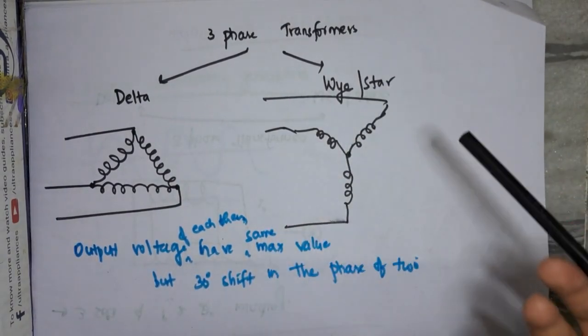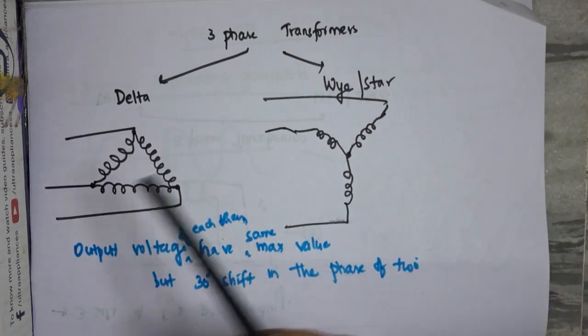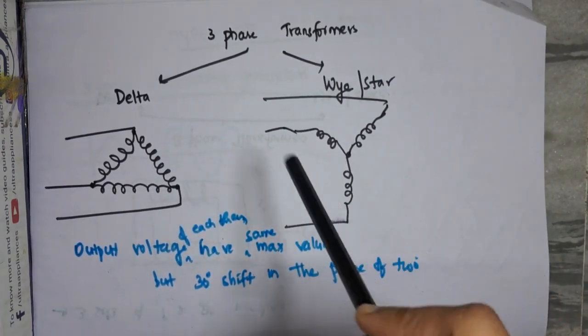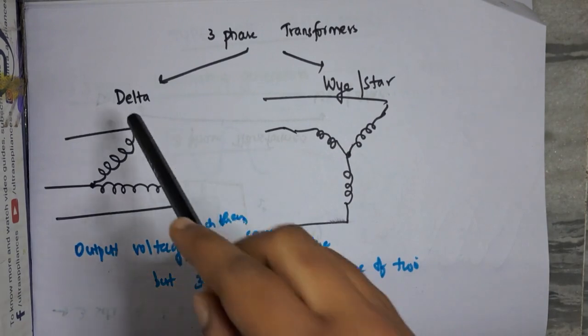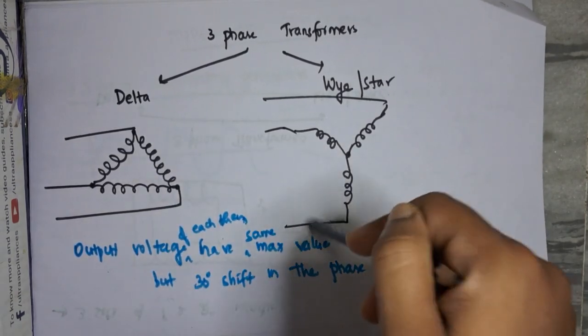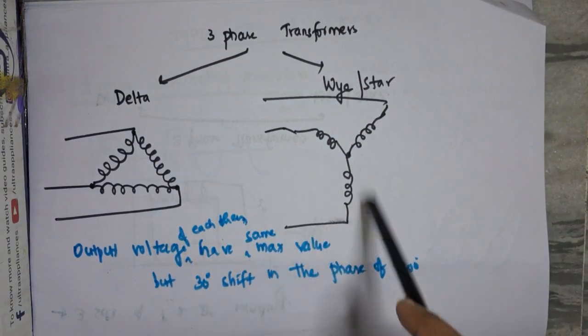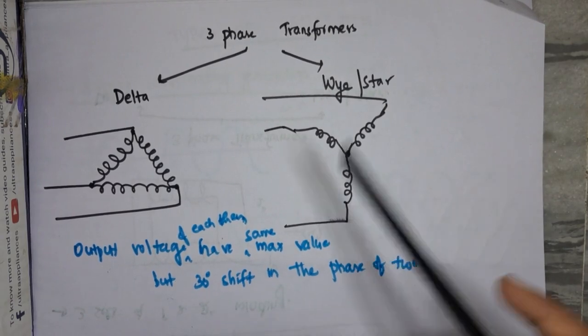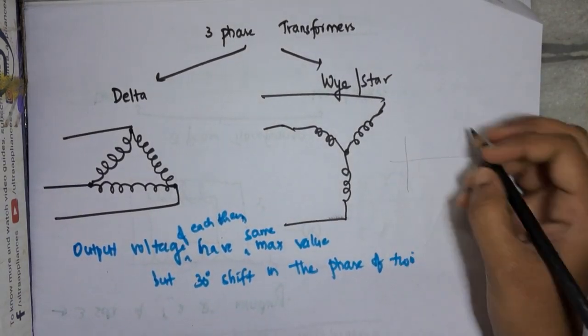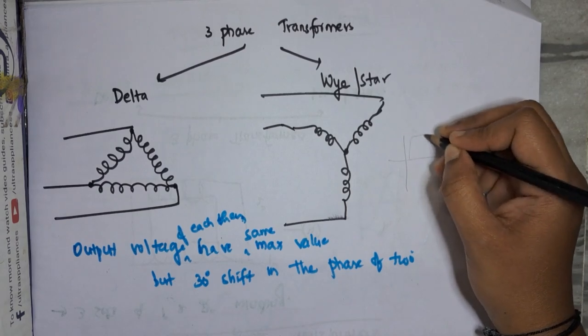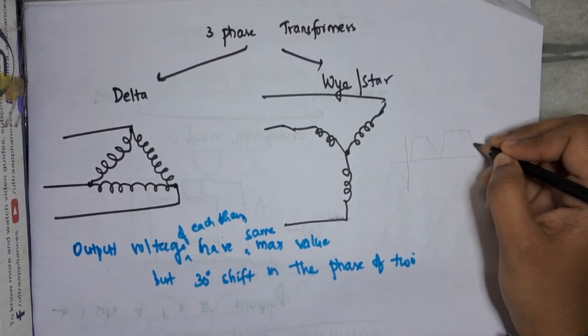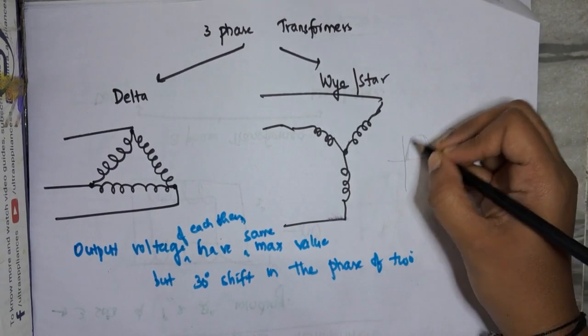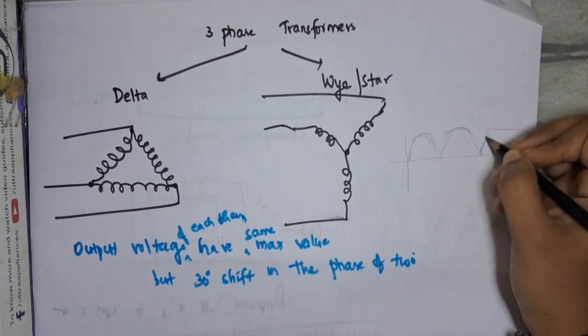So what about the output voltage? Output voltage of this delta and Y. You have to remember that the output voltage of these 2 is the same maximum value, but there is a 30 degree shift between the 2 values. So if this is the delta output voltage, okay, I'm drawing like this only so that it becomes easier.